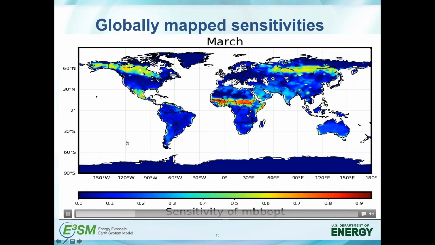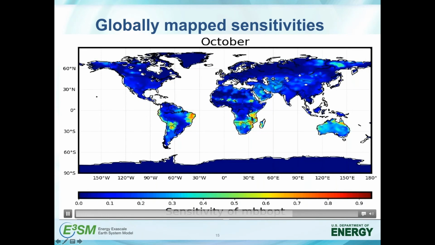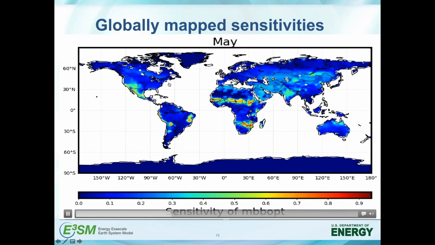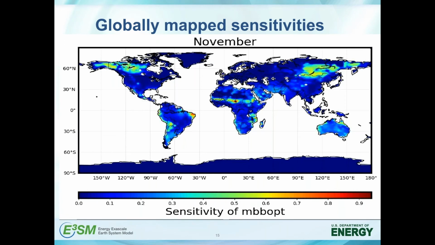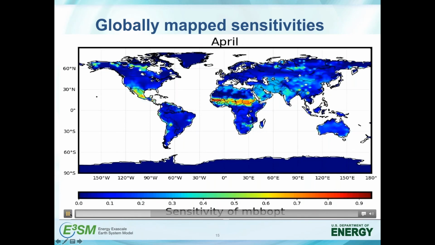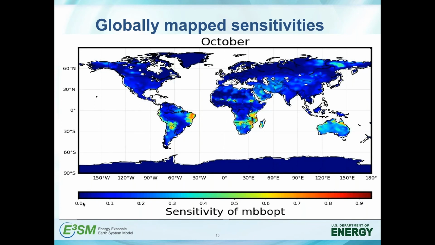And you can also see April, May, June sort of transitioning from less sensitive to more sensitive in different parts of the Northern Hemisphere. In the late growing season, July and August, we start to see this parameter becoming quite a bit more sensitive in the northwestern US and parts of Canada.